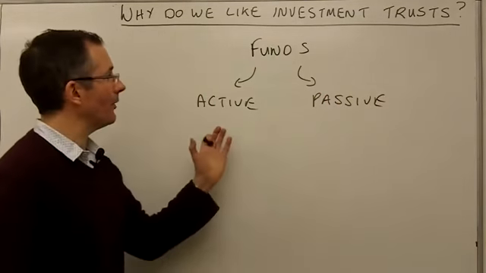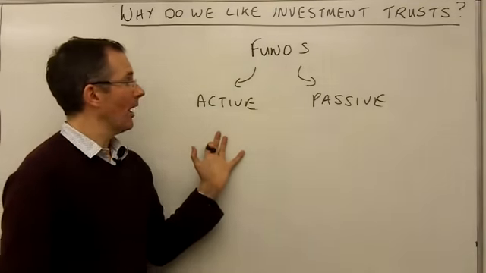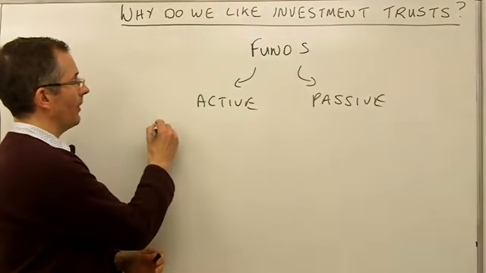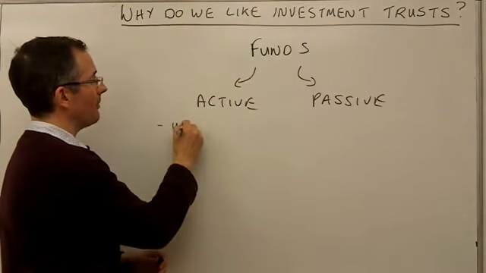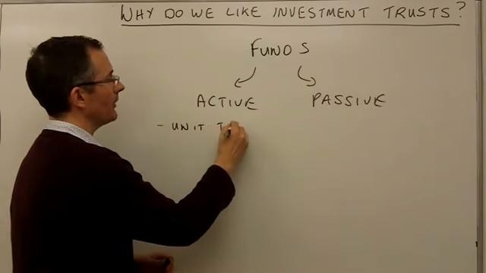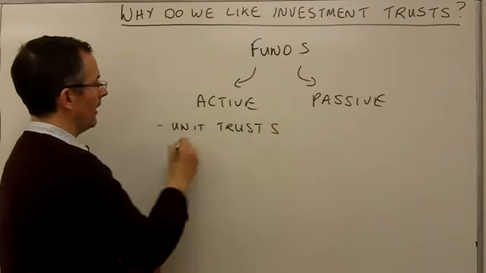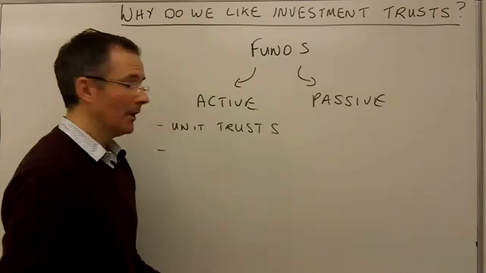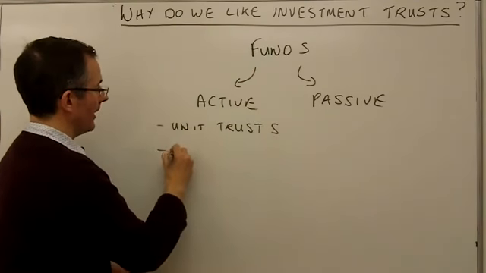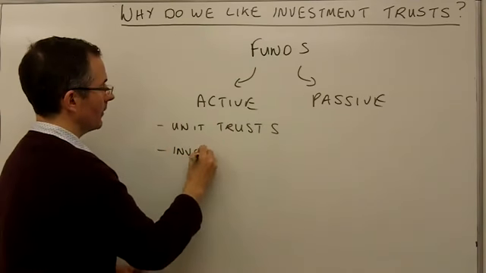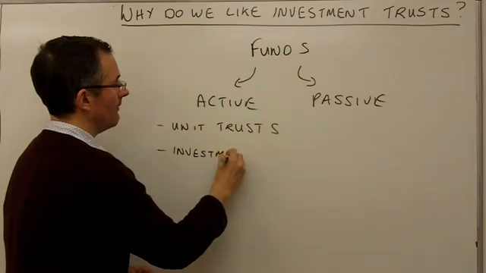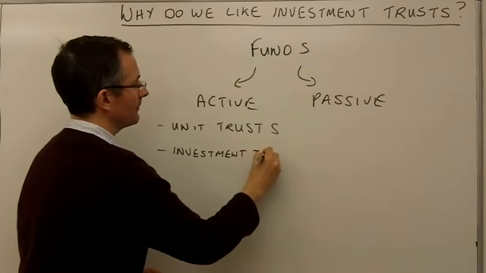And really today we're focusing on actively managed funds, and what we're saying is that although not all of them are actively managed, a big part of the industry is unit trusts, and slightly less well known are the ones we like, the investment trusts, or to give them their full title, investment trust companies.